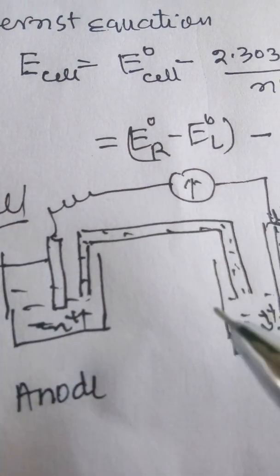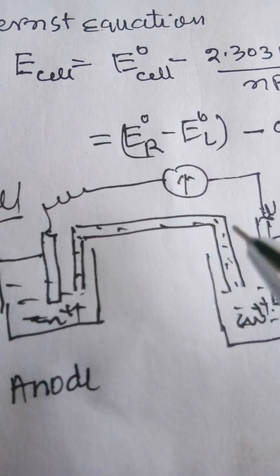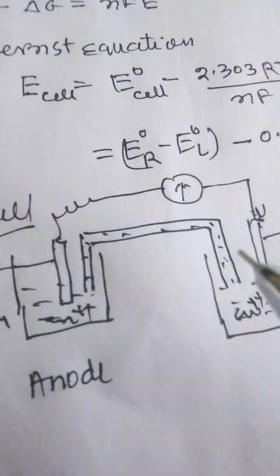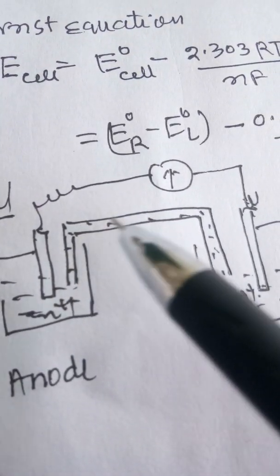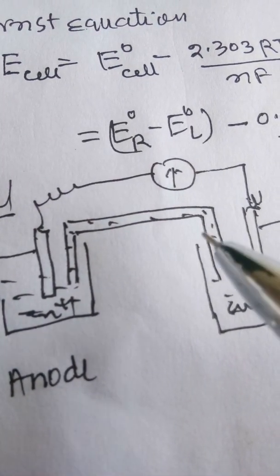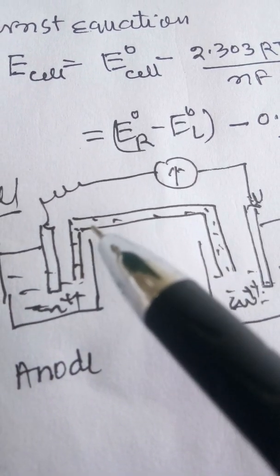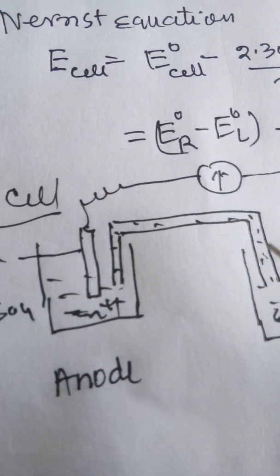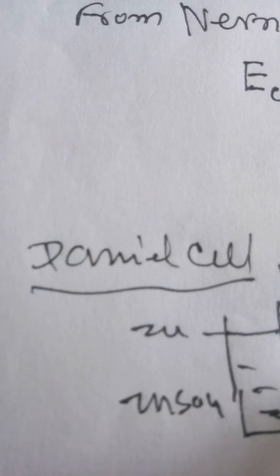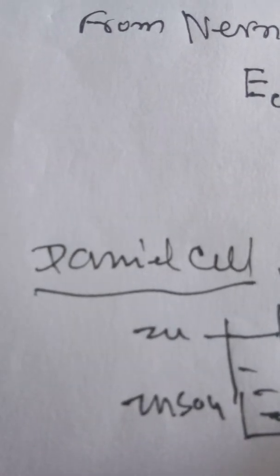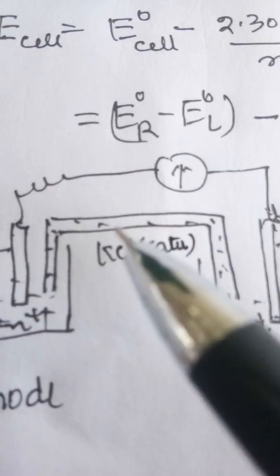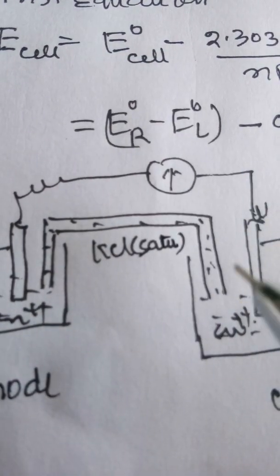We shall discuss the function of the salt bridge, but we would like to give you a little information here: it is a glass U-shaped tube in which a saturated solution of potassium nitrate or potassium chloride is filled. So you can write here KCl, saturated solution, in the tube.